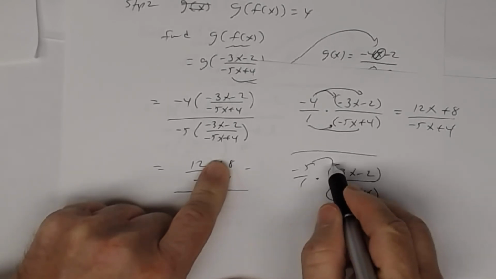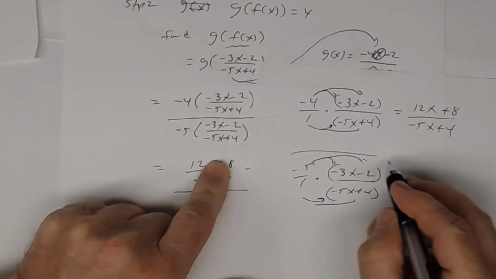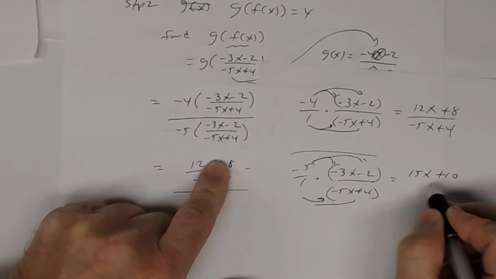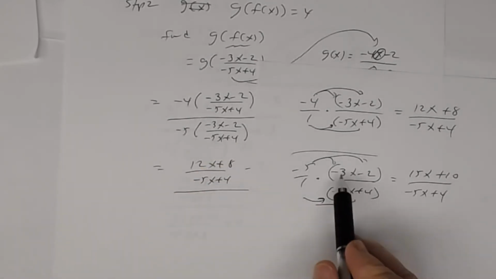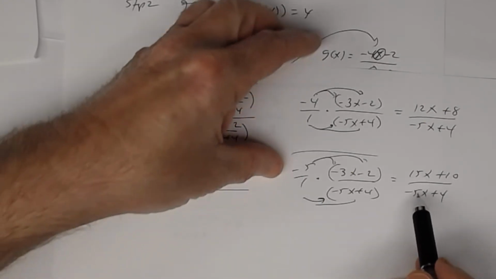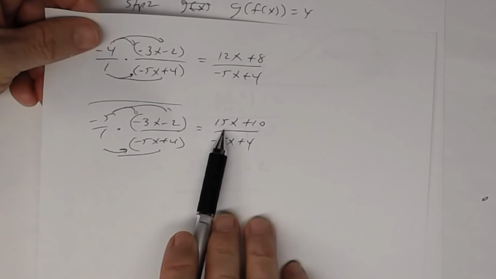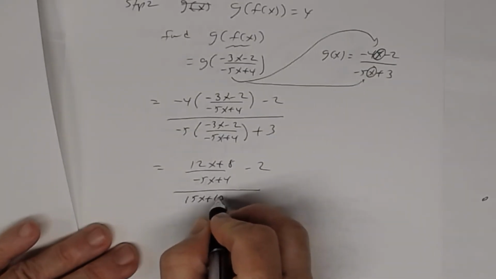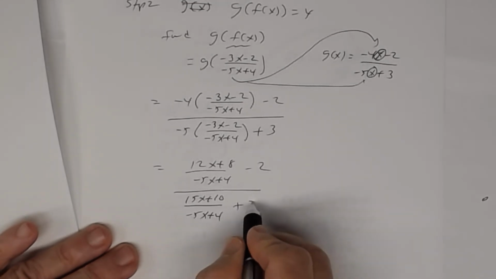Okay? And then distribute and distribute. So you get negative 5 times negative 3x is 15x. Negative 5 times a negative 2 is a positive 10, divided by, and then negative 5x plus 4. So that part here is this. I'm going to replace this right here with this. Okay? So that becomes 15x plus 10 divided by negative 5x plus 4, and then plus 3.